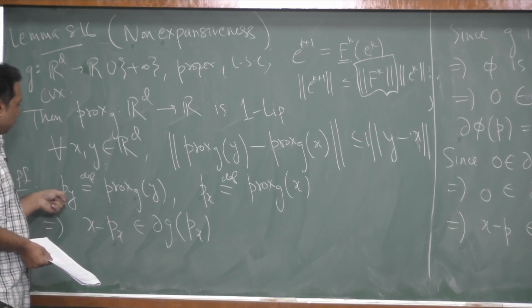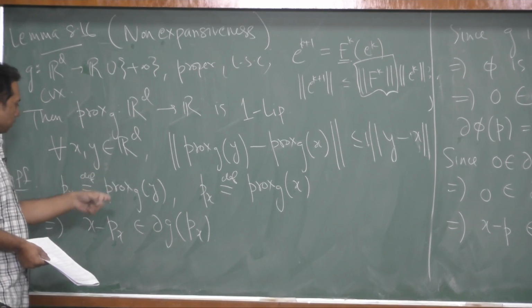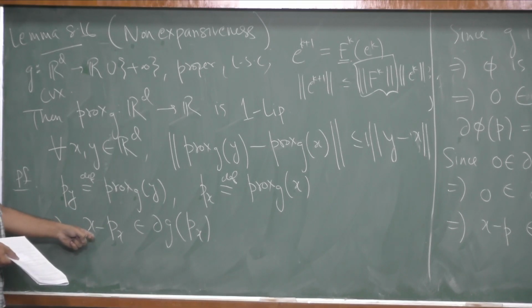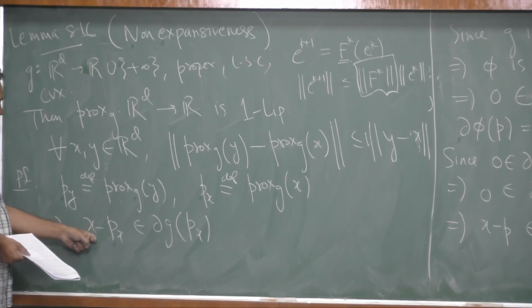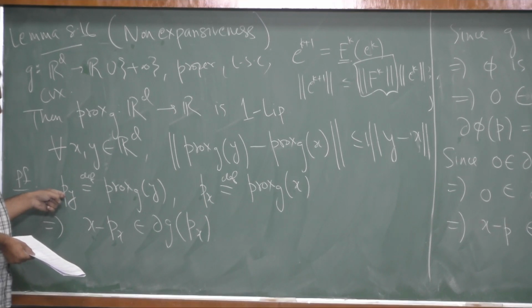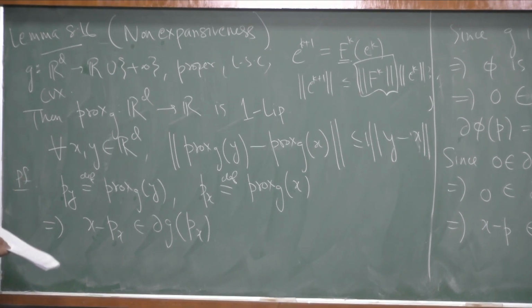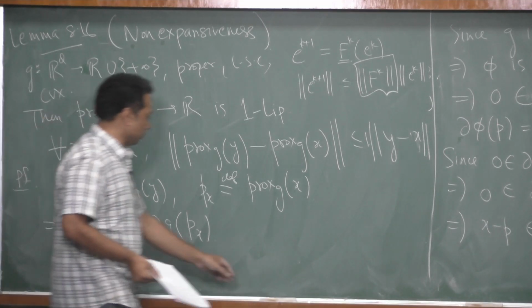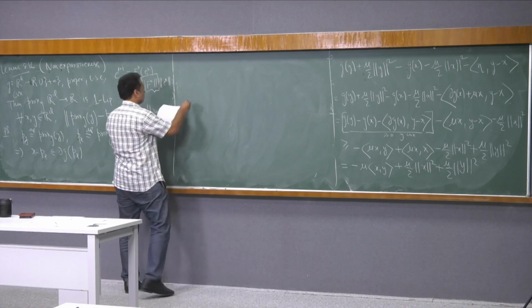So in place of G of y I will take G of Py: G of Py minus G of Px minus the inner product of, in place of eta, I have found one of these, so I will take that. In place of eta I have x minus Px, inner product with Py minus Px. So we are going to now use the definition of the subdifferential.